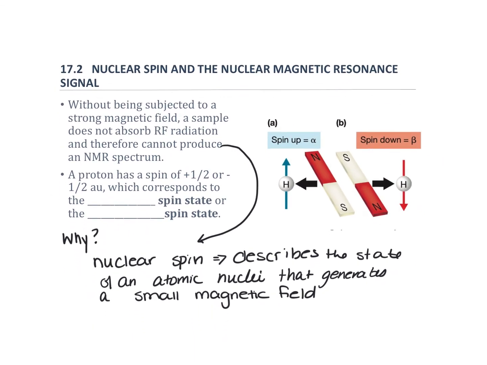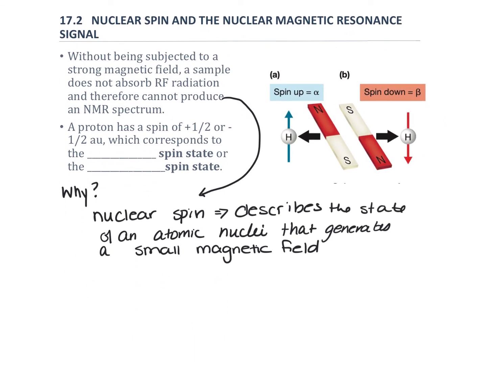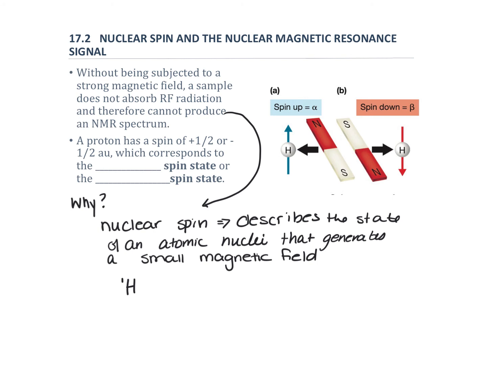So what that means here is, each of your nuclei themselves have a small magnetic field that's associated with them. And we are looking here at hydrogen nuclei. And so the most common example here is that hydrogen atom, like a proton, and that spin's going to be analogous to an electron. So just as an electron can assume two spin states, a proton can also assume two spin states. It can have a spin up or a spin down.